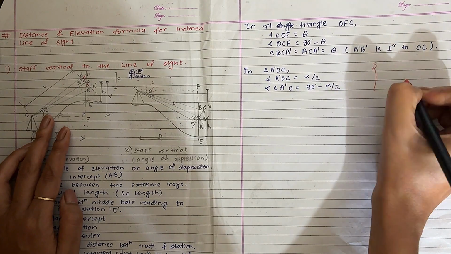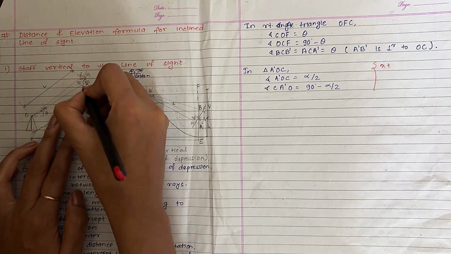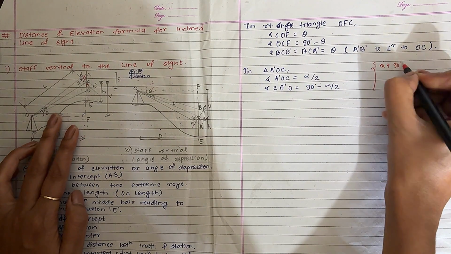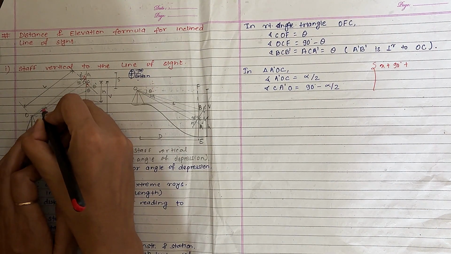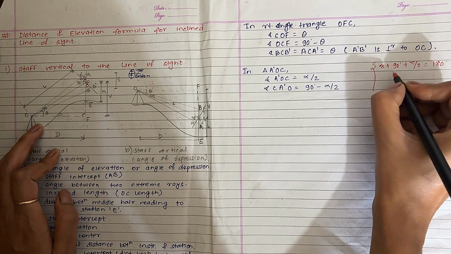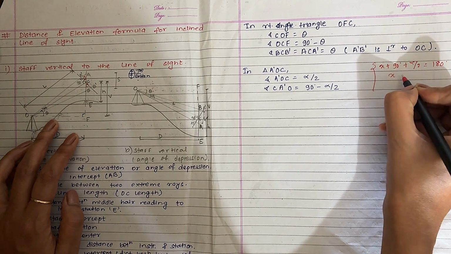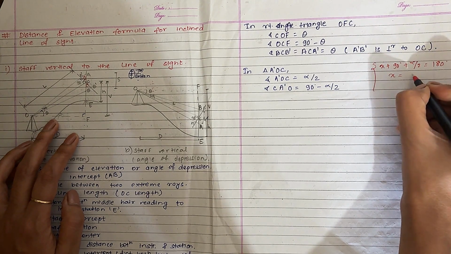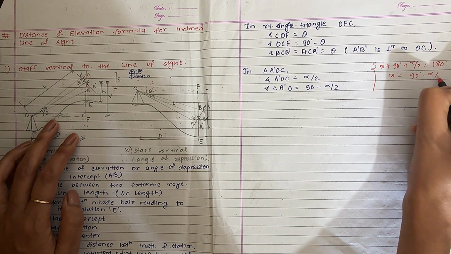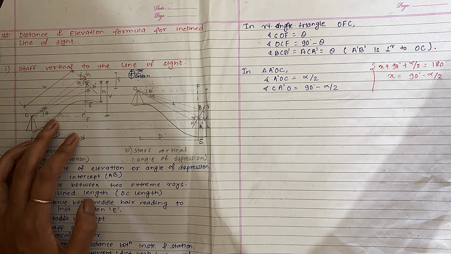So x plus 90 degree plus this angle alpha by 2 will be equal to 180 degree, since the sum of all interior angles is equal to 180 degree. That's why x will be 180 degree minus 90 degree, which is 90 degree minus alpha by 2. So angle CA dash O is 90 degree minus alpha by 2.